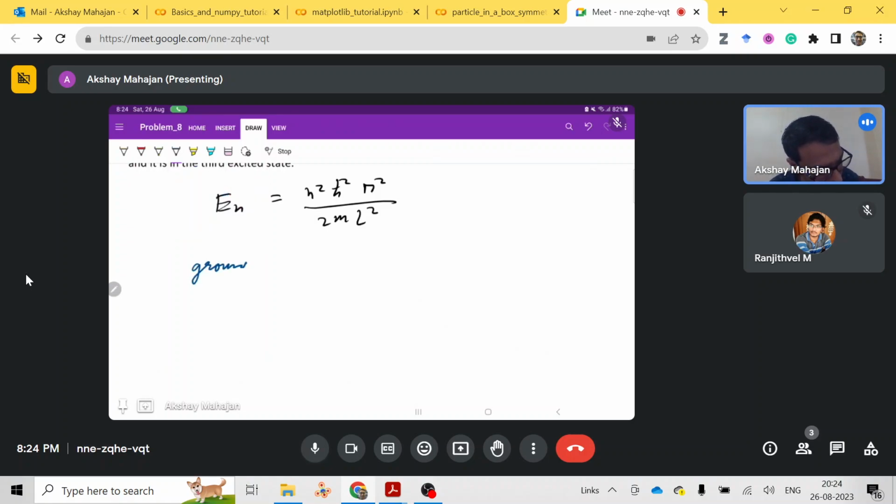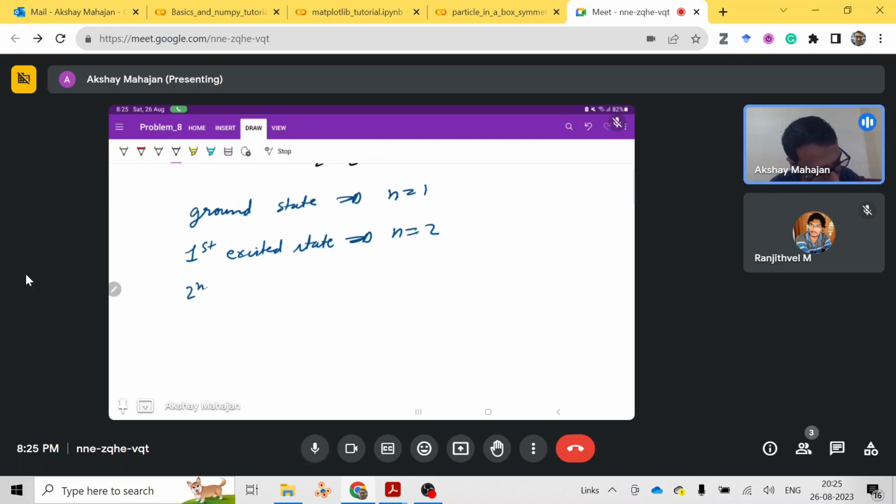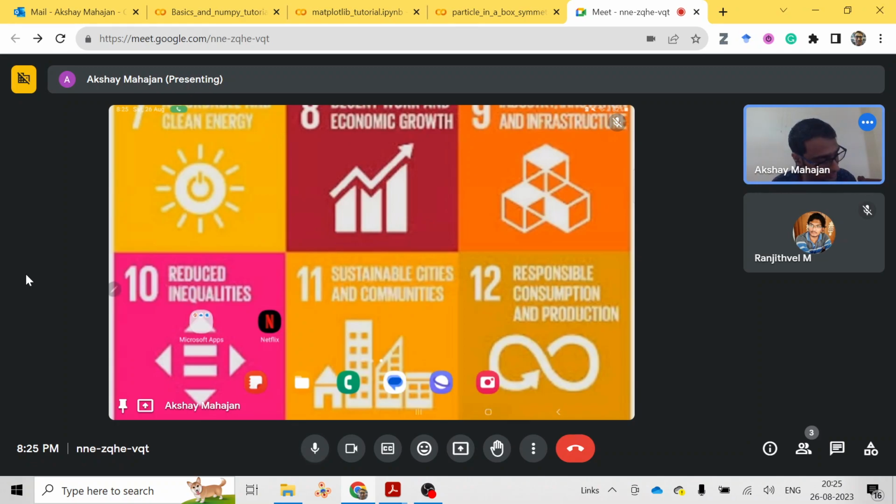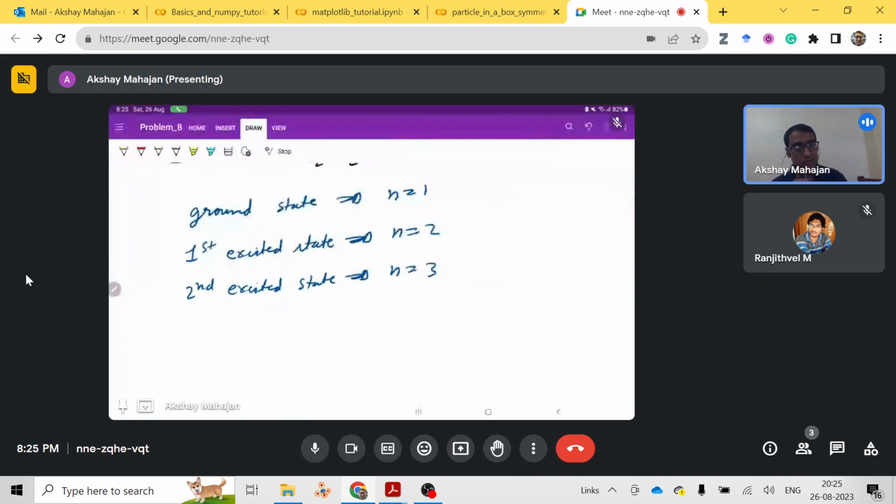As we have seen up to this problem as well, this thing must be clear by now, but let me write it again properly. When we say ground state, it means n equals 1. When we say first excited state, it means n equals 2.